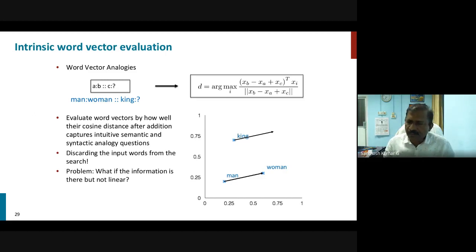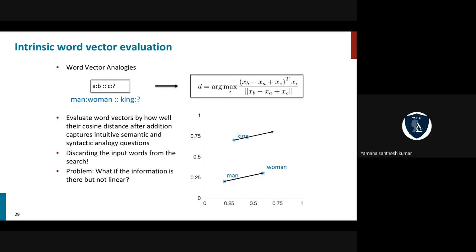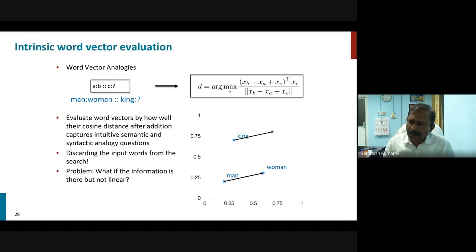That's the meaning. If they are pointing in the same direction, they are the same, right? If they are mutually perpendicular, then they are not the same. Maybe you take cos 0 and cos 1, so you are looking for the maximum value here. That's why argmax, right?